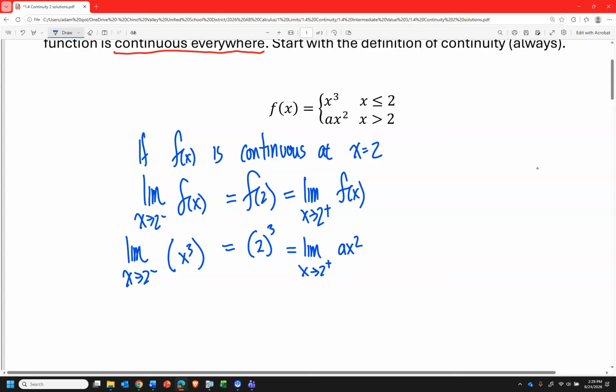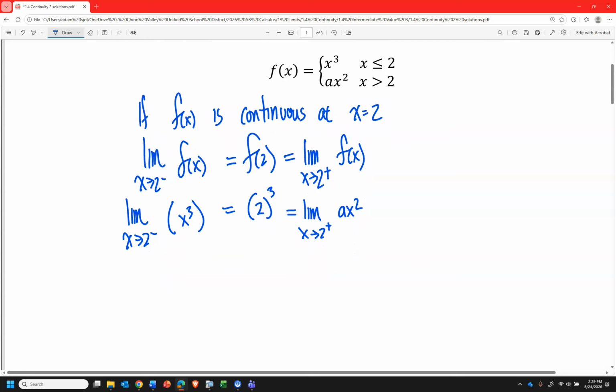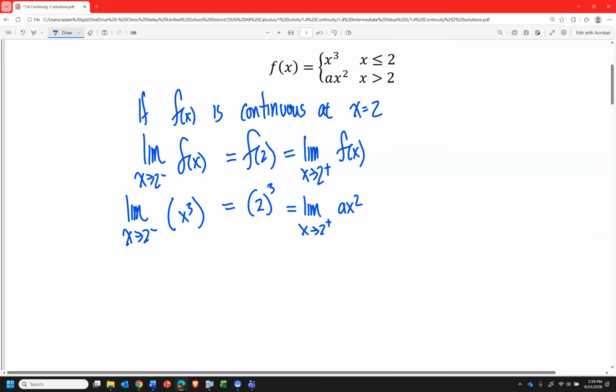Now, we are cheating a little bit. We're not using numeric limits. We're doing stuff algebraically. So I know if I'm putting 1.9, 1.99, 1.999 into x cubed, I'm just going to get 2 cubed. I'm going to rewrite that one too.